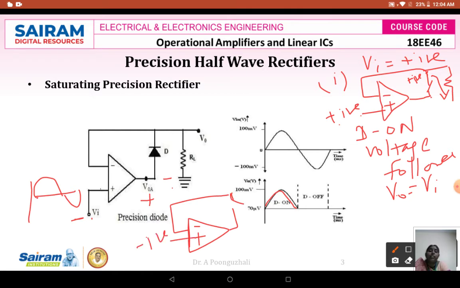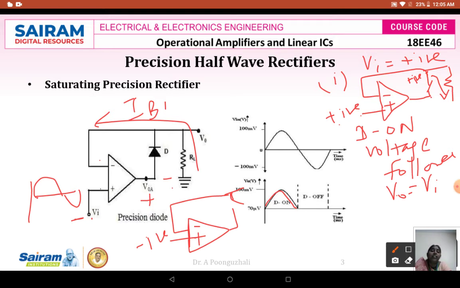Open switch means there is going to be no current flowing because I don't have any closed loop path. The only current that can come is because of this bias current, your IB1 current, and the reverse leakage current. That's all. So in this case there will be no current flowing through the load resistance RL, and we don't have any output voltage because the circuit is not complete.